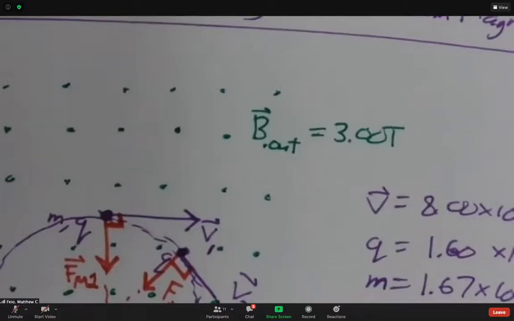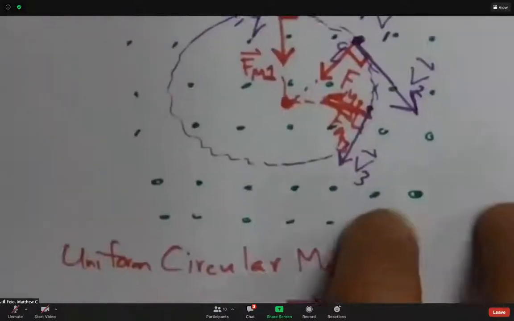We sometimes say things like magnetic fields do no work on moving charges. So what does that mean? They don't change the energy. In particular, they don't change the kinetic energy of the moving charge. They might change the direction of the velocity vector, but not the magnitude, which is what kinetic energy cares about. All right, there we go.